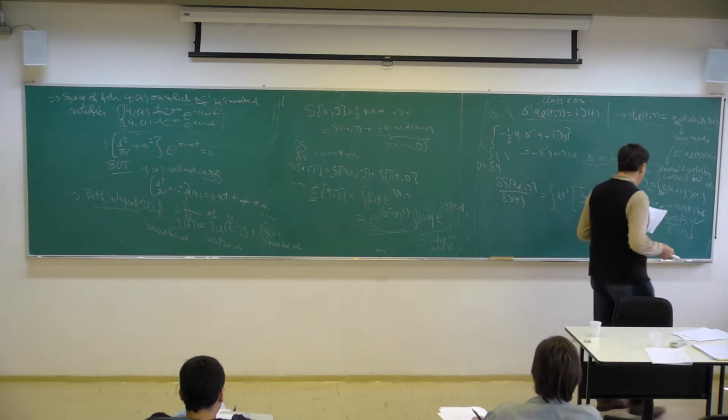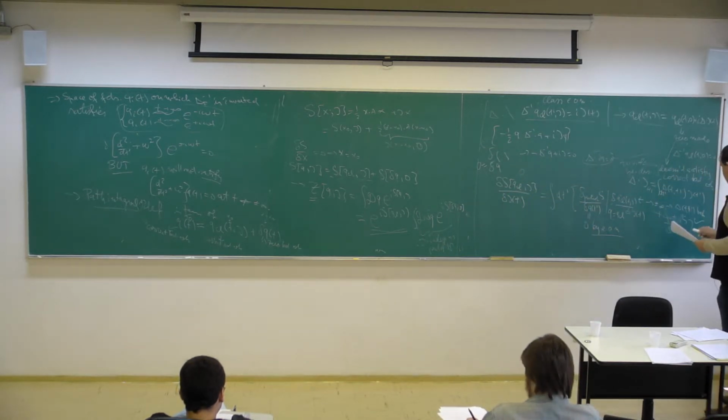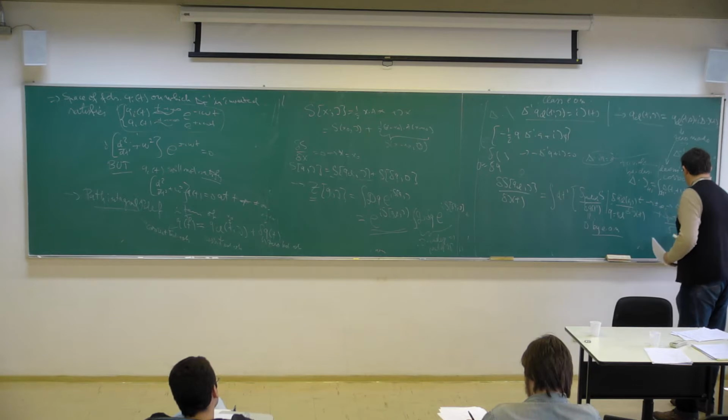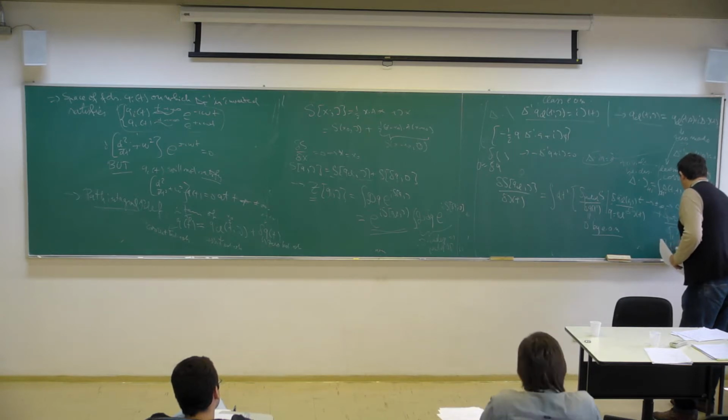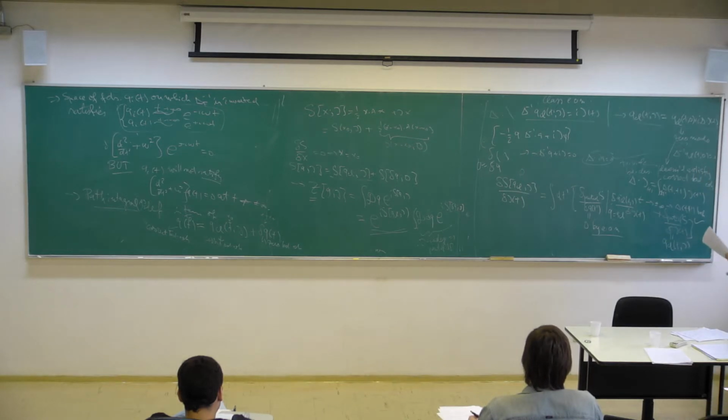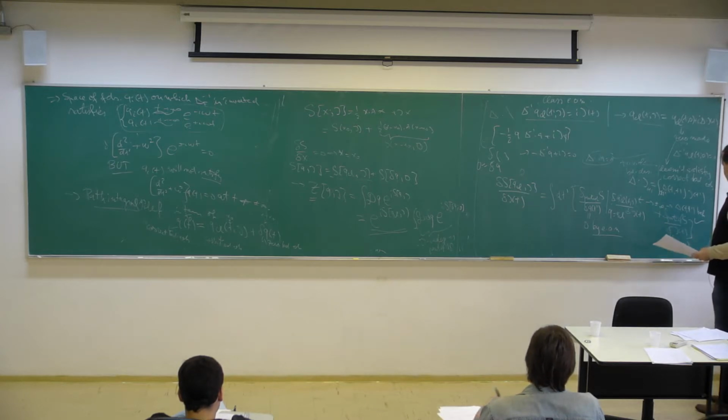But this second variation is equal to q classical of t and J, that's what this means.